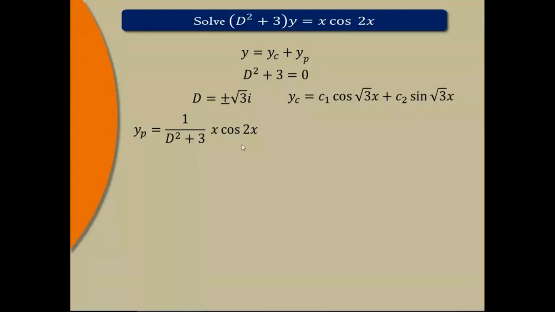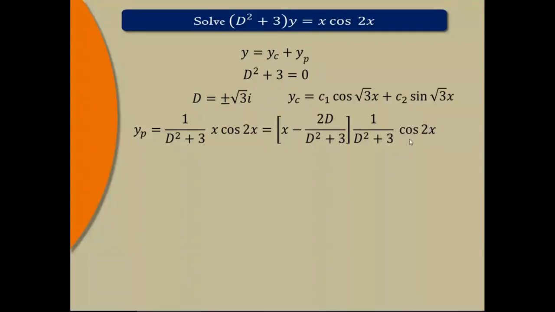Okay, so here we can use that rule. Take this as phi of D, take this x, and take all this function as v. So we get x minus phi dash, the derivative of this term, and the derivative of this term is 2D, divided by phi of D, that is all this term, into 1 upon phi of D v. Here v is cos 2x.